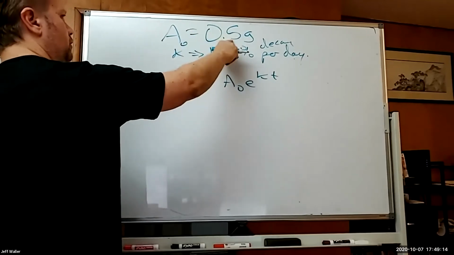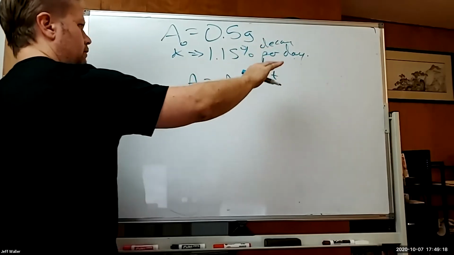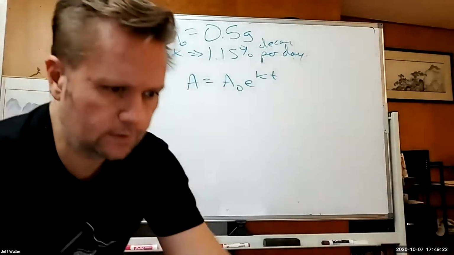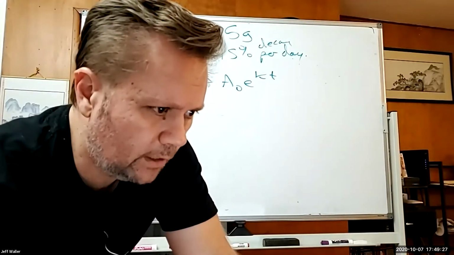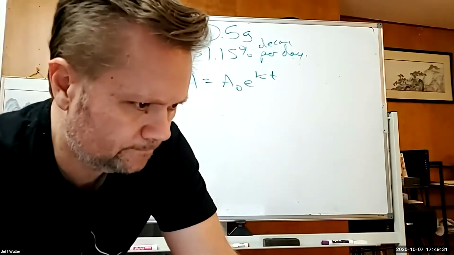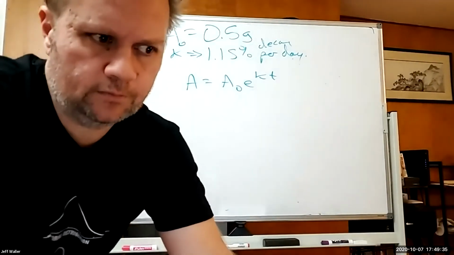The initial amount is 0.5 grams. I've got my decay rate per day. So T is going to be in days. And then they ask me, for problem 31, to the nearest day, how long will it take for half? Okay.